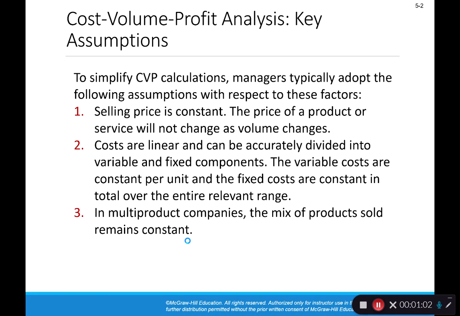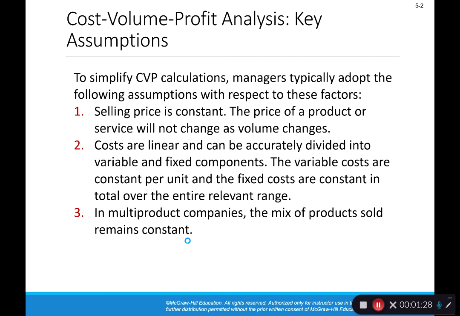To simplify CVP calculations, managers typically adopt a few assumptions. This is like one of the vocab terms that you might see on an exam or quiz. Our assumptions are that the selling price is going to be constant, so the price for a product or service isn't going to change when volume changes. Costs are linear and can be accurately divided into variable and fixed components.